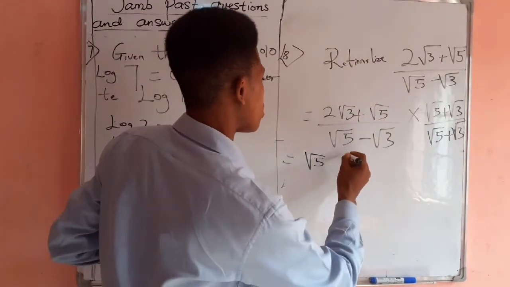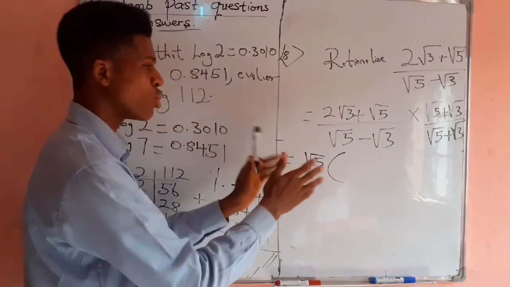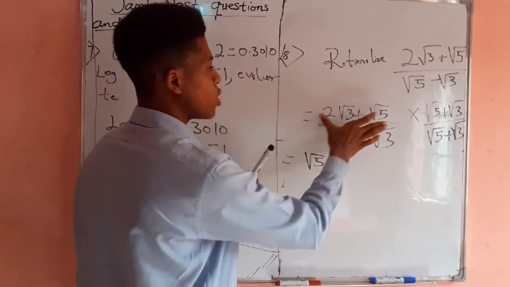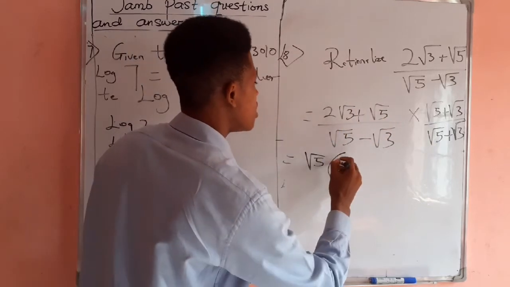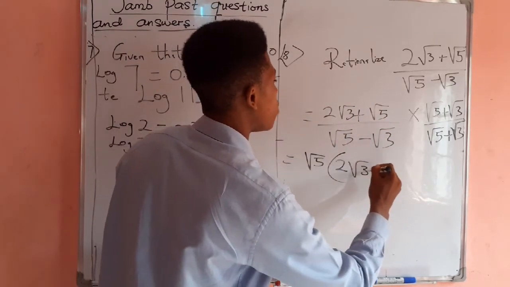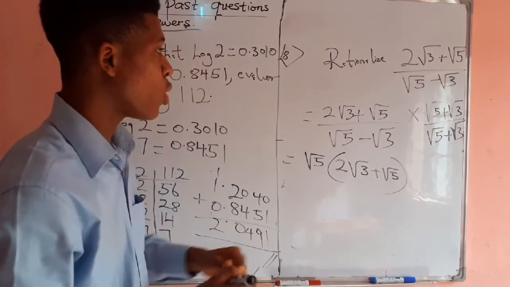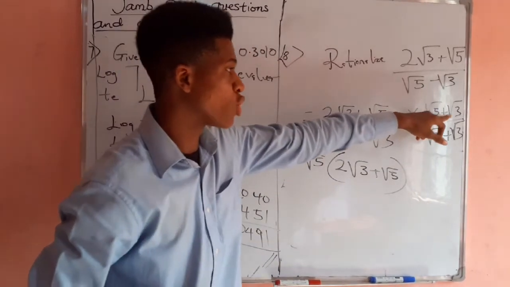Just open a bracket so you will not confuse yourself. Open a bracket, put root 5 outside, and put in whatever I say: 2 root 3 plus root 5. You close your brackets. What comes next? Plus root 3.